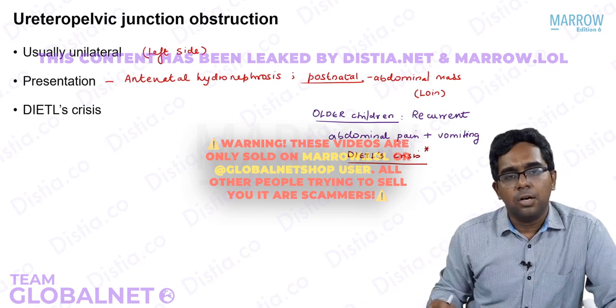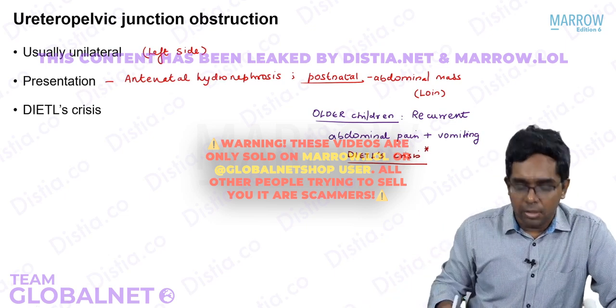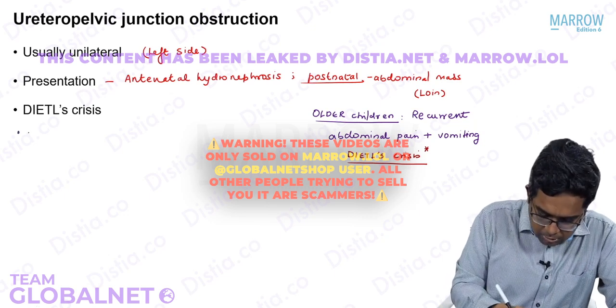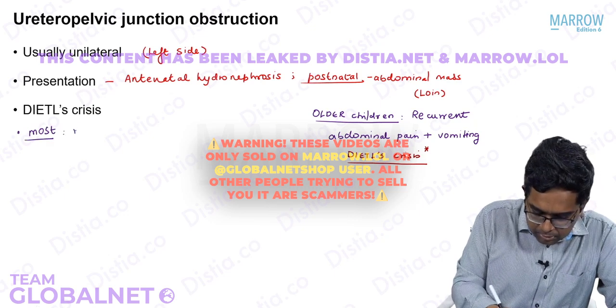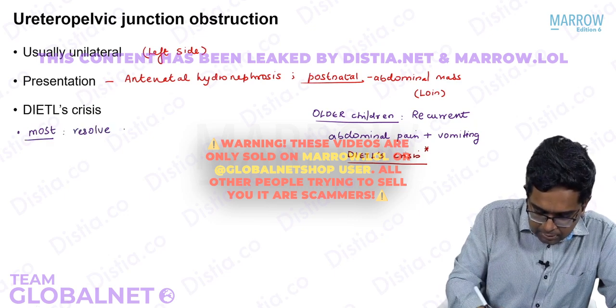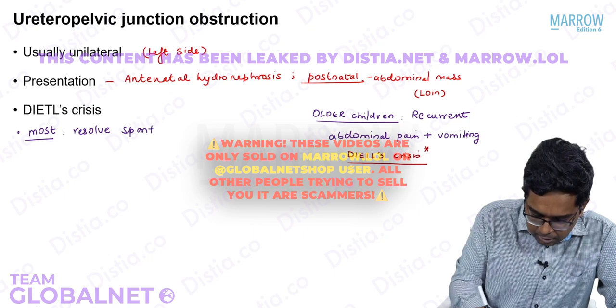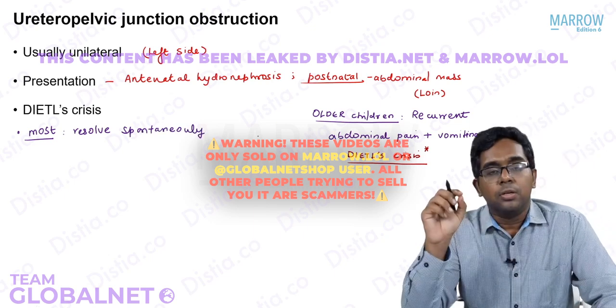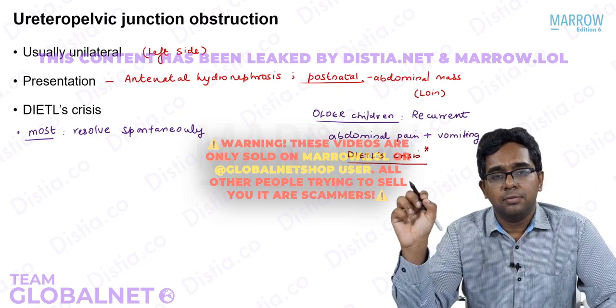Okay, let us see how we are going to manage these children after birth. Please remember an important point that most cases of uretero-pelvic junction obstruction resolve spontaneously after birth, usually around 48 to 72 hours after birth.